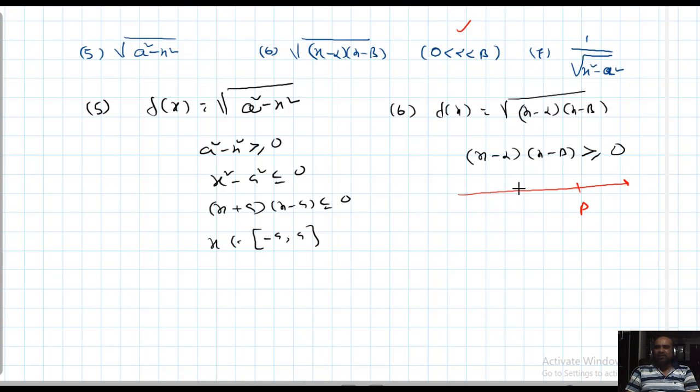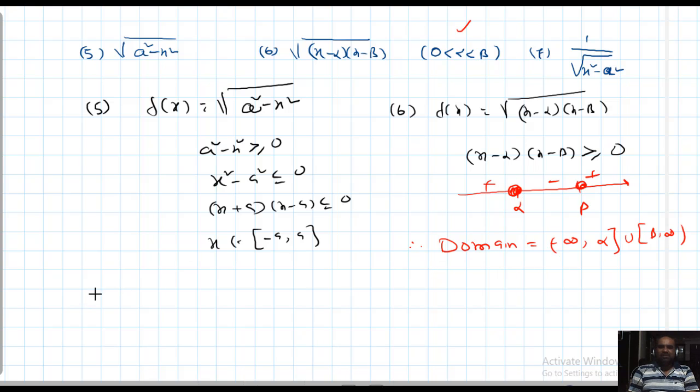Here beta, here alpha. So applying the sign scheme, plus minus plus. We want positive symbols. Alpha satisfies, beta satisfies. Therefore I can directly write the domain equal to minus infinity to alpha closed union closed beta to infinity.